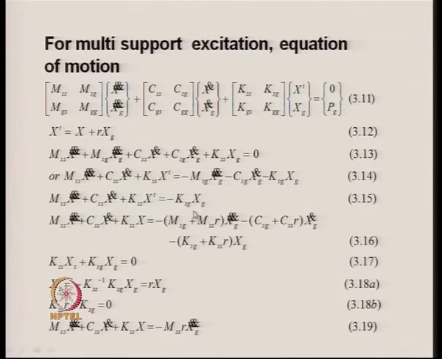If we ignore that, then we get equation 3.15, in which on the left hand side we have all the quantities in terms of the total motion: total displacement, total velocity and total acceleration. On the right hand side we have minus K_SG into x_G. Mind you, K_SG cannot be ignored. K_SG is the coupling stiffness between the non-support degrees of freedom and the support degrees of freedom, which can be easily calculated.